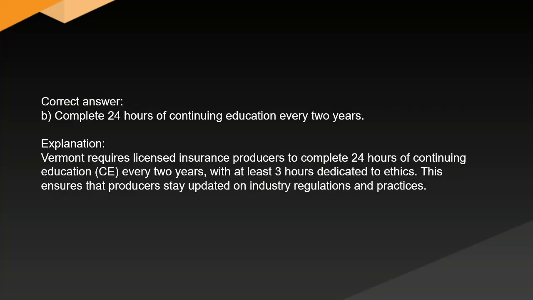Correct answer: B. Complete 24 hours of continuing education every 2 years. Explanation: Vermont requires licensed insurance producers to complete 24 hours of continuing education every 2 years, with at least 3 hours dedicated to ethics. This ensures that producers stay updated on industry regulations and practices.